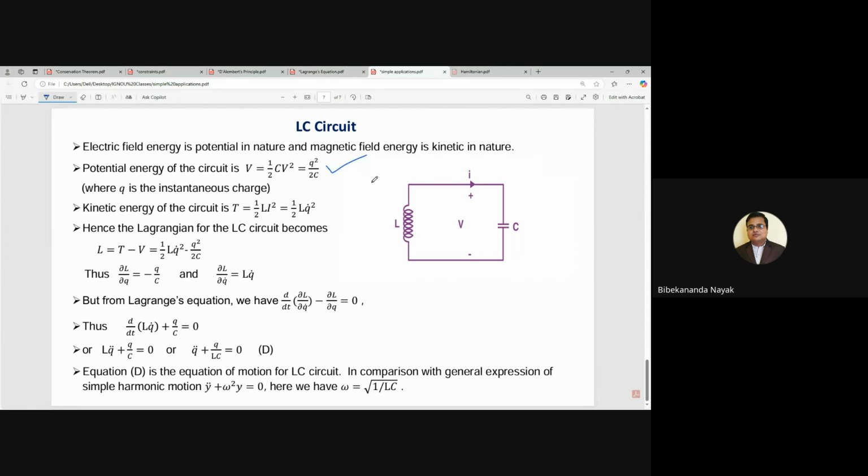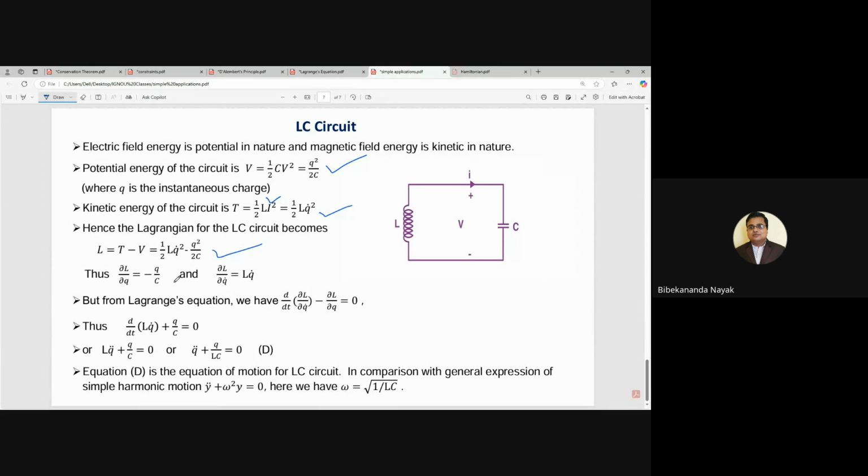Current is equal to dq by dt, so your parameter is Q, the charge. The kinetic energy is stored by the inductor, half L i square, with i equal to dq by dt, so half L q dot square. So the Lagrangian is half L q dot square minus Q square by 2C.